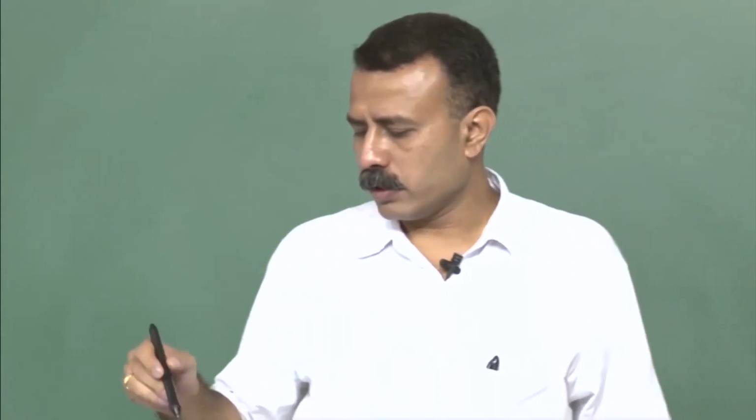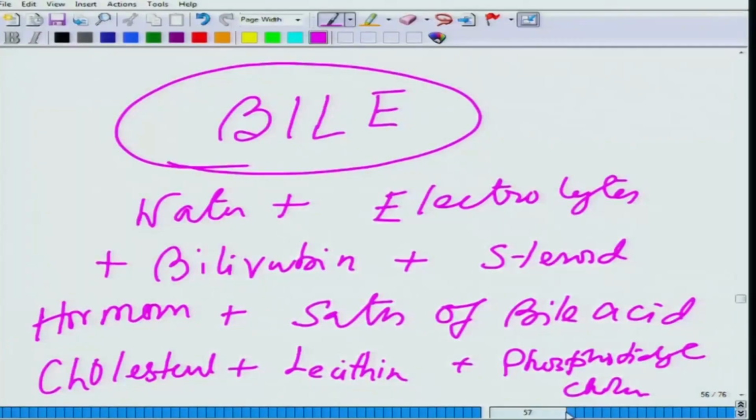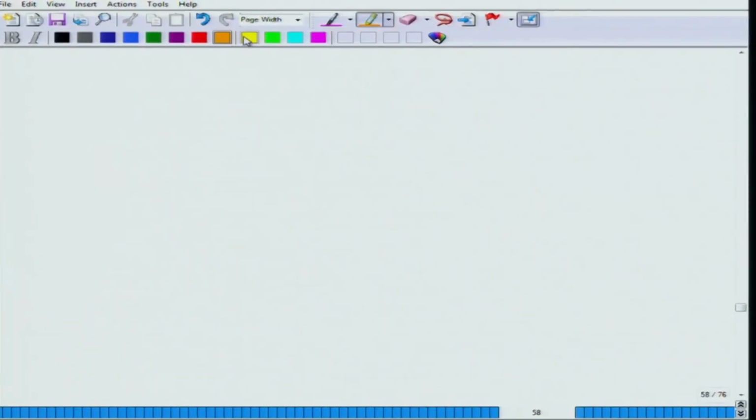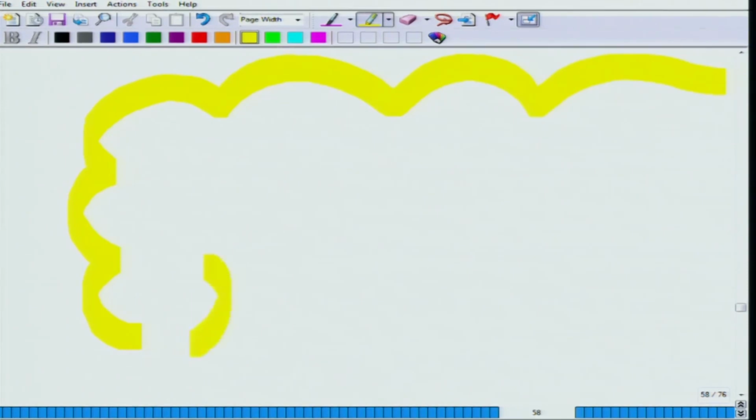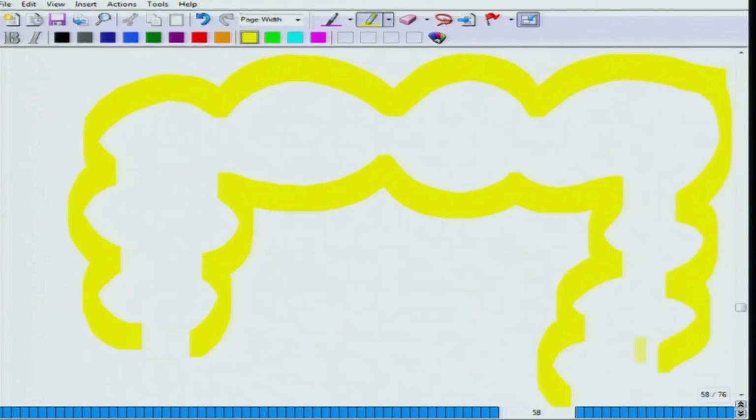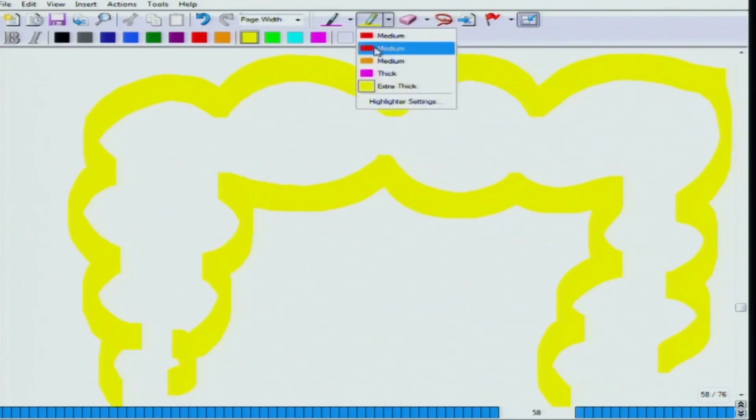So, if you look at the cross section, it looks like this. This is the large intestine, and in between you see the small intestine, which is embedded in between.